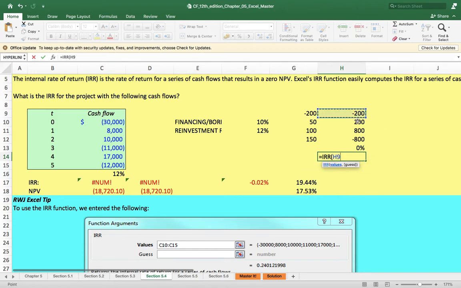From here to here, comma, you can put a guess of 99%, enter.